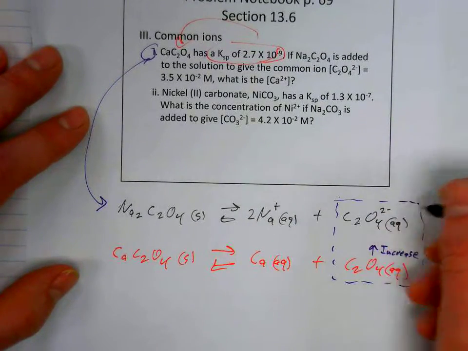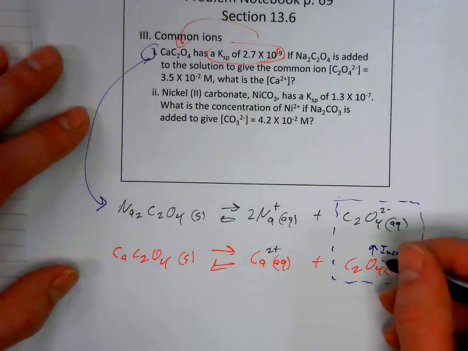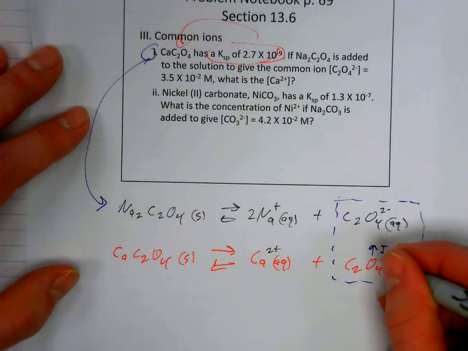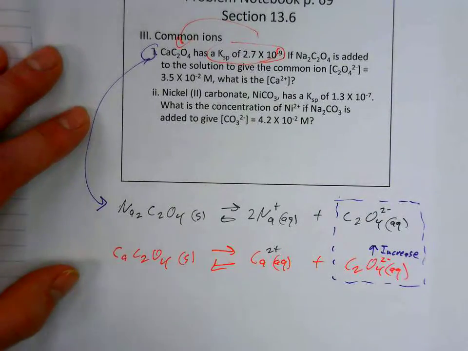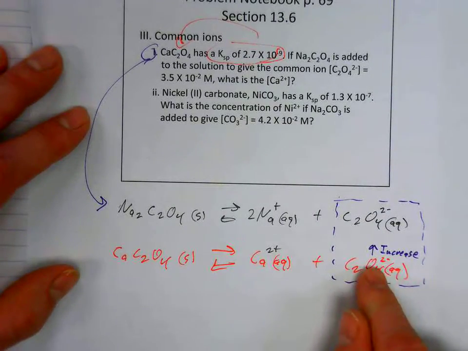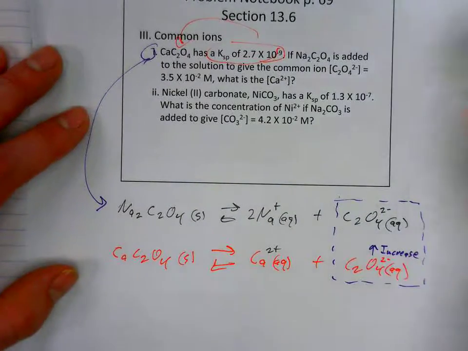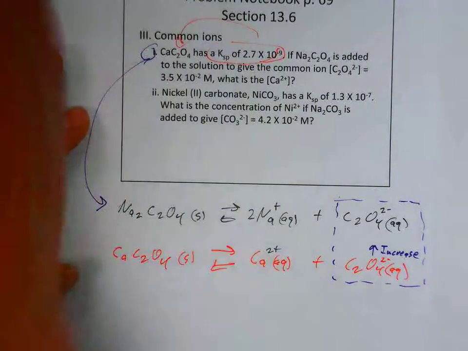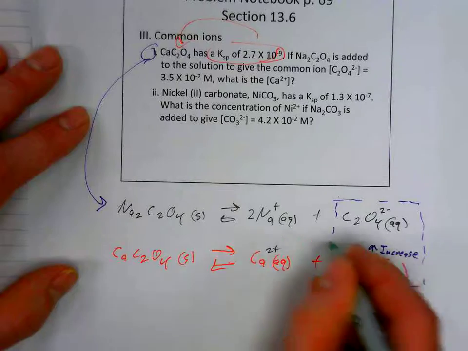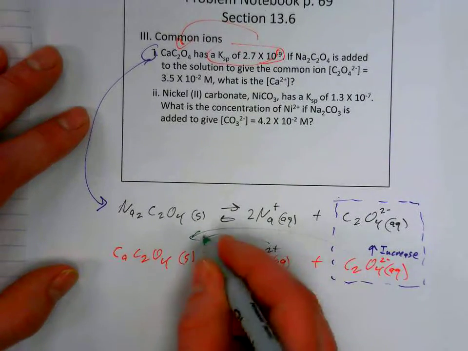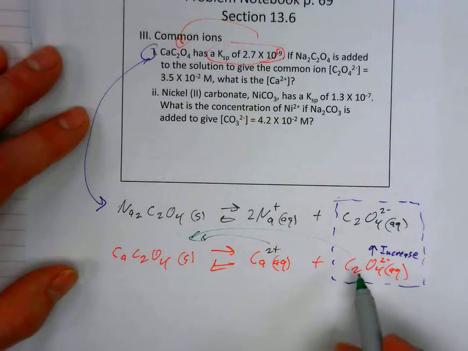So it increases the amount of the chromate, which stresses the system, and according to Le Chatelier's principle, means that the system is going to shift towards the left, and thereby it decreases the solubility. So the solubility goes down as the system shifts towards the left.